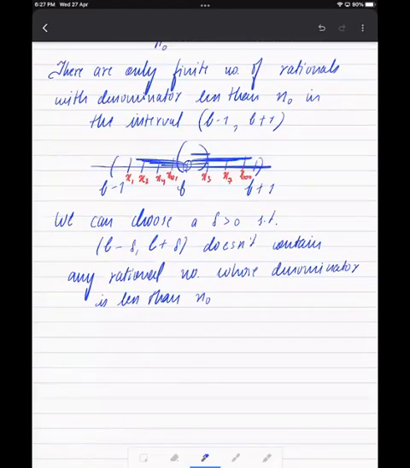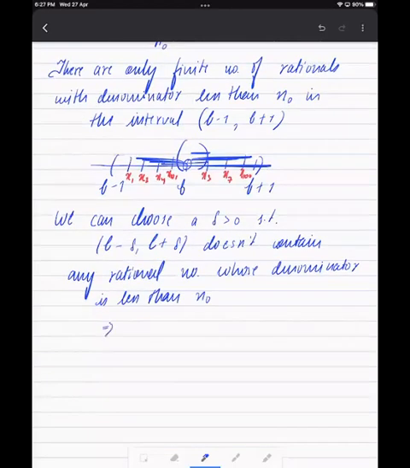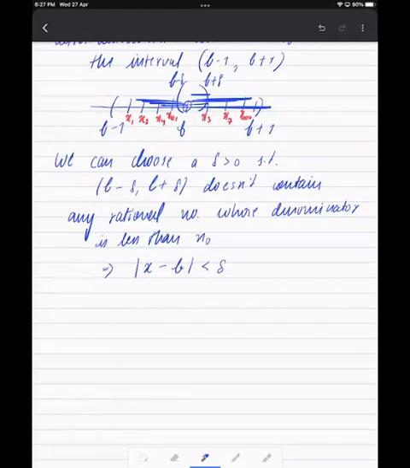So it implies, if I take any x within that neighborhood, this is my b minus delta, b plus delta, I'm taking mod x minus b less than delta.